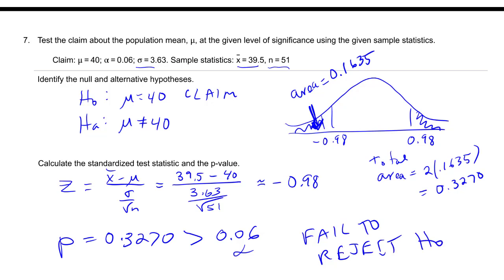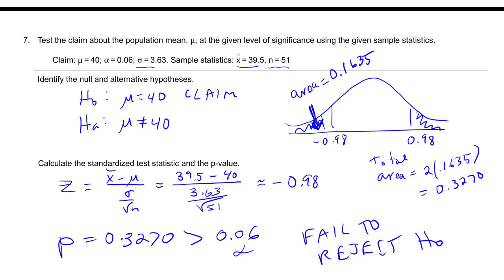I can already tell you that before I look at the decision and the interpretation, because I failed to reject H0 here. And what were we doing? The claim was H0. That's a rejection mode. So I failed to reject it.